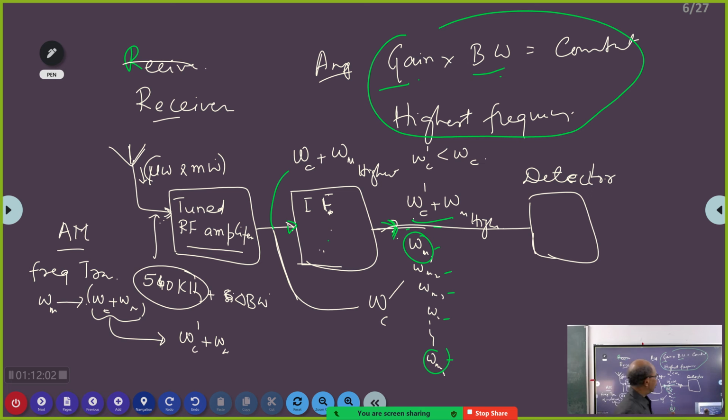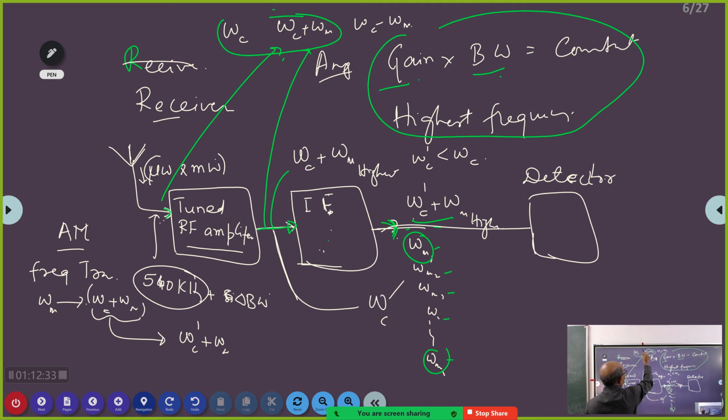हाँ, देखो आपको 3 सिग्नल्स मिल रहे हैं, omega c plus omega m and omega c minus omega m. देखो क्या करोगे, इसमें तो ये तीनों आता है. ठीक है? इसमें भी ये तीनों आ सकता है. ठीक है? Either all the 3 will come, or this and this will come, or this and this will come.